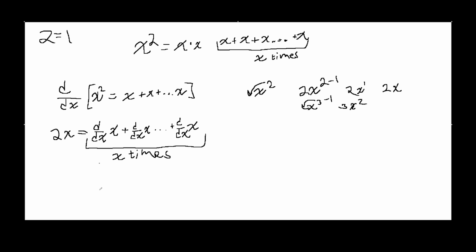So we know that the derivative of x is 1. So what do we do? We multiply the 1 by x.